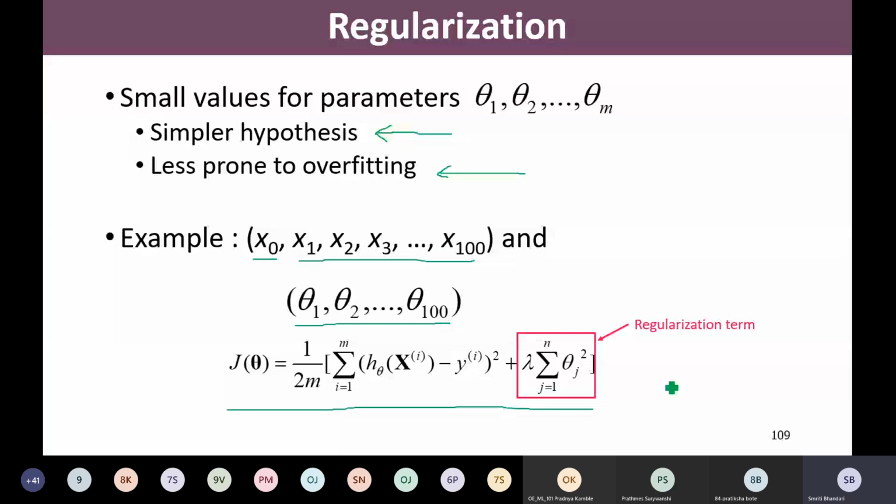If we add this regularization term into our cost function and then try to minimize our cost function, it is possible for us to avoid this problem of overfitting.